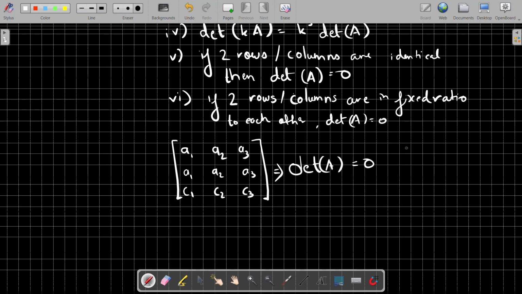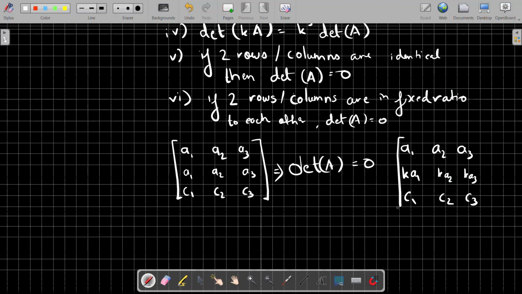In a similar way, a1, a2, a3 and ka1, ka2, ka3 and c1, c2, c3.